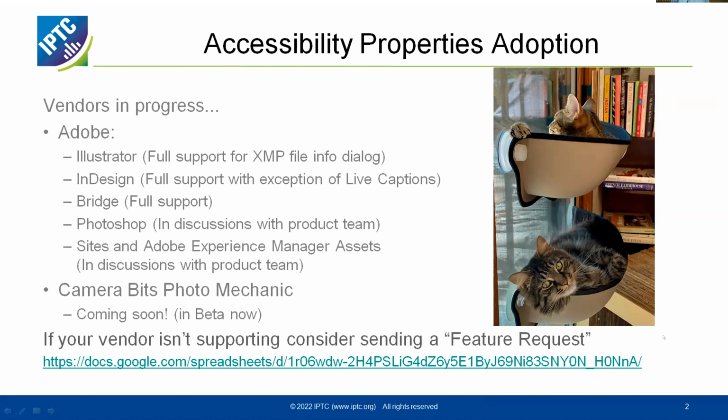If you have a vendor that isn't one of these that has been mentioned, we'd like you to consider sending them a note. A feature request is kind of the industry name for these. If you aren't sure how to do that, I've included a link down at the bottom of this page with a Google spreadsheet where I've been trying to list all the vendors that we can think of with their preferred method of receiving this information.